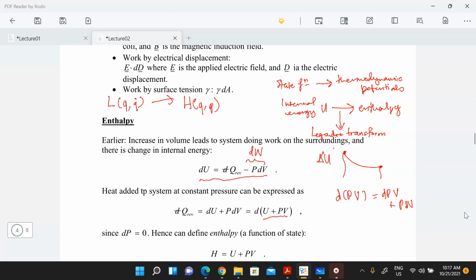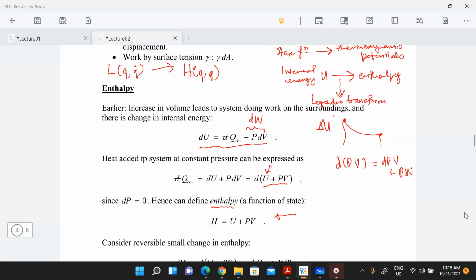So with this, I have this thing added up, and remember that U is a state function, and what you add is really another state function, P and V. So this you define as what we call the enthalpy, and we denote this by H. When I first learned of it, I thought of H as heat, but it's enthalpy.